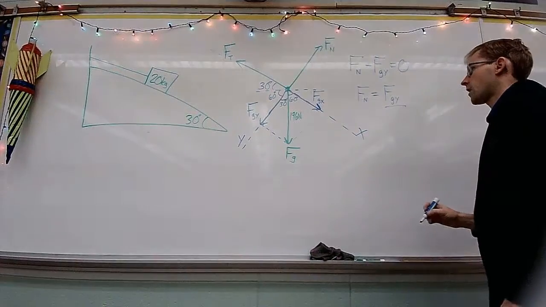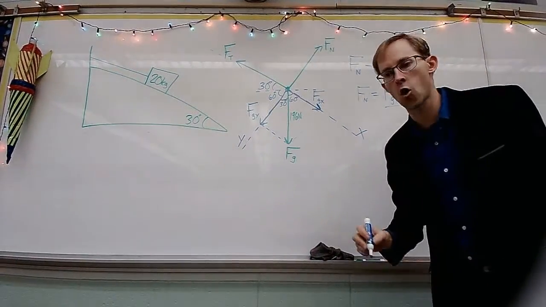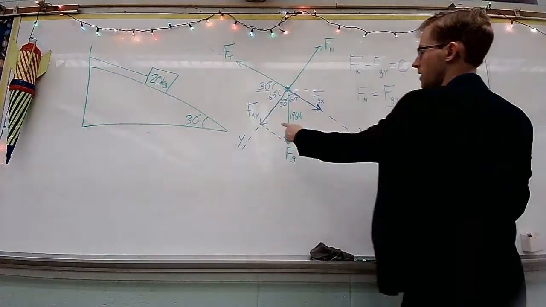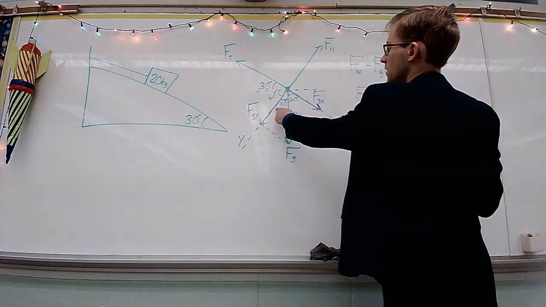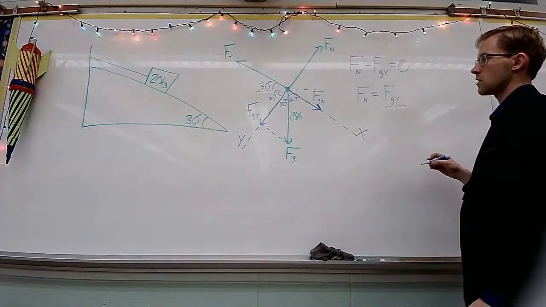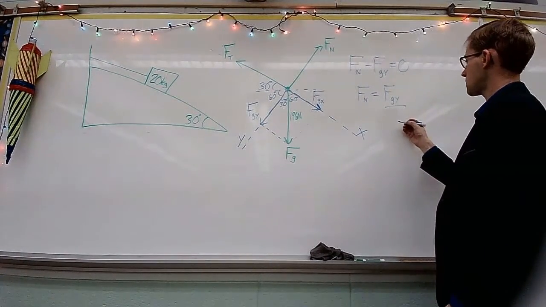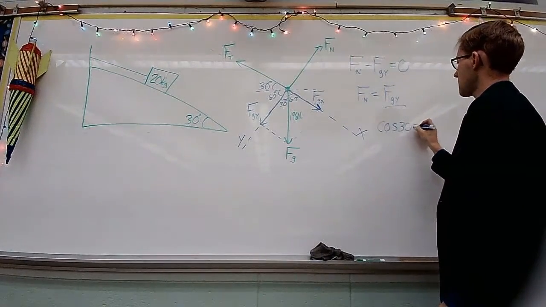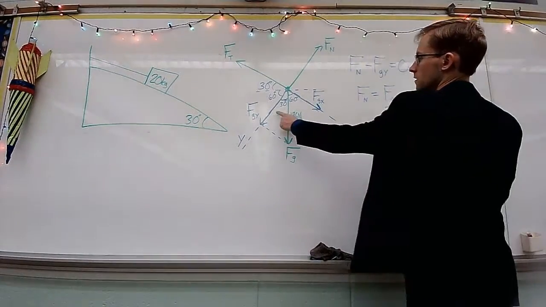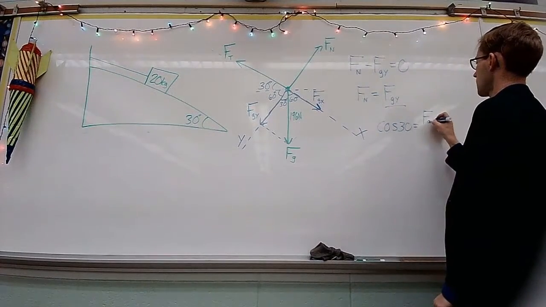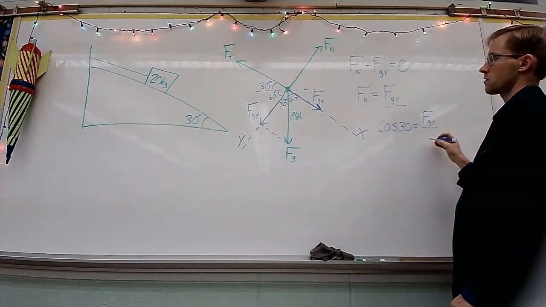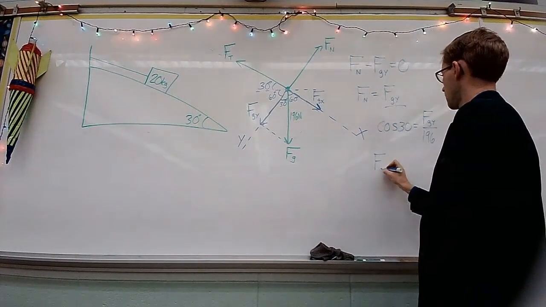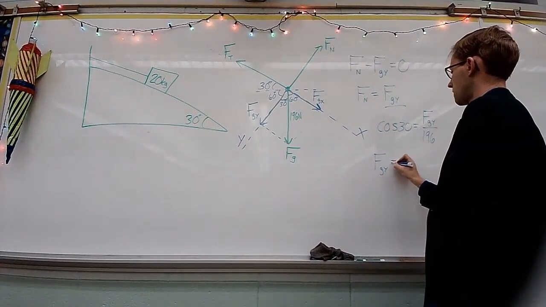So if we can find FGY, we are home free for number 5. FGY is over here. It is the adjacent side of this 30-degree angle, so I'm going to use cosine again. Cosine of 30 is equal to adjacent, which is FGY, over hypotenuse, which is 196. Therefore, you've got an equation for FGY.